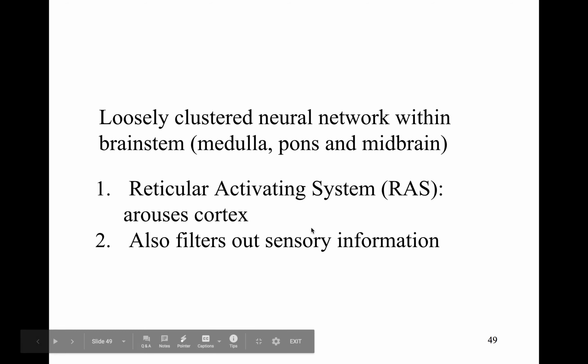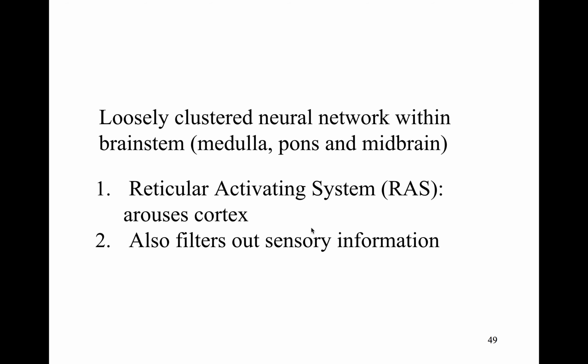In addition to keeping the cerebral cortex alert, the reticular activating system also functions to filter out any unnecessary or unimportant sensory information. It filters out about 99% of all of our sensory stimuli, so only about 1% actually reaches the cerebral cortex.